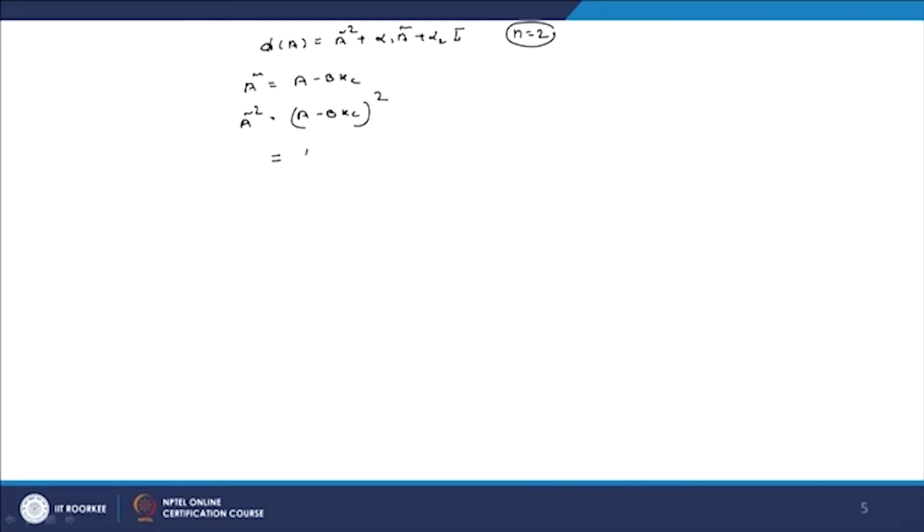So we can write this as A minus B Kc multiplied by A minus B Kc. If you multiply A with A minus B Kc, you will get A square minus AB into Kc, minus B Kc into A, plus B square into Kc square.